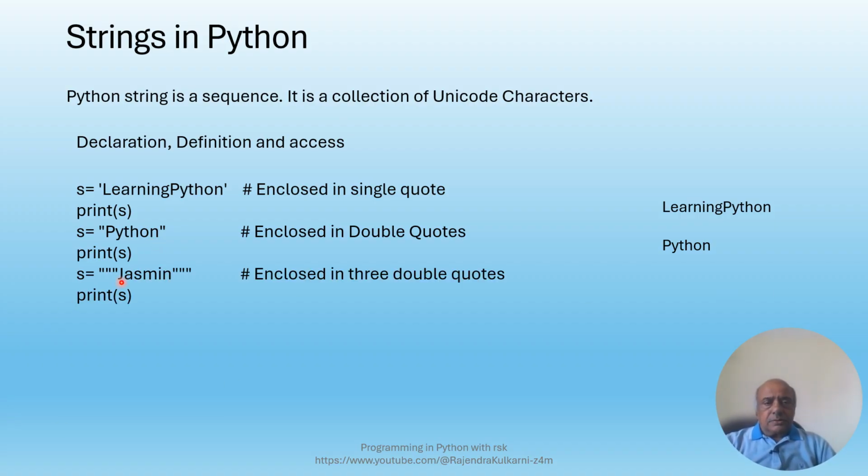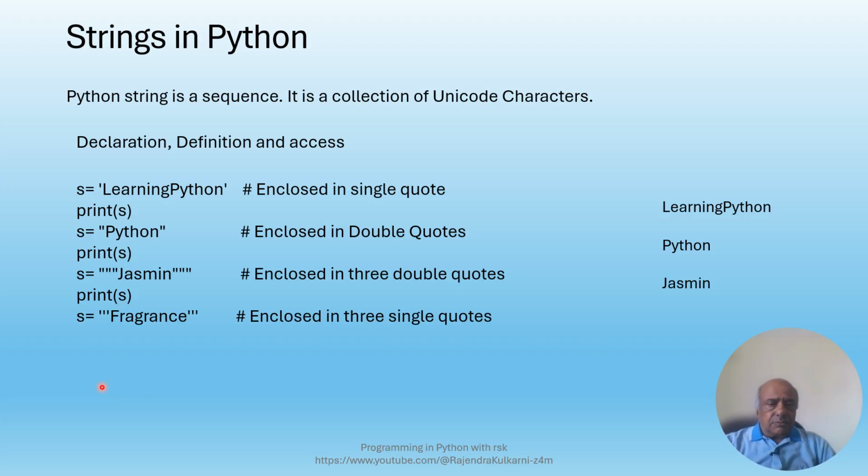This is a third way of defining a string. S is equal to, in triple quotes, in 3 double quotes, Jasmine. Again the value appears when the print statement is executed.